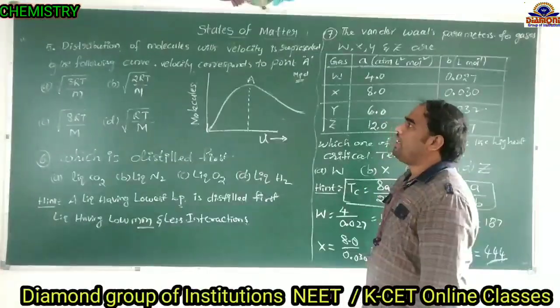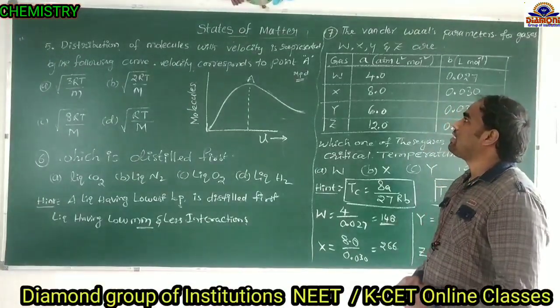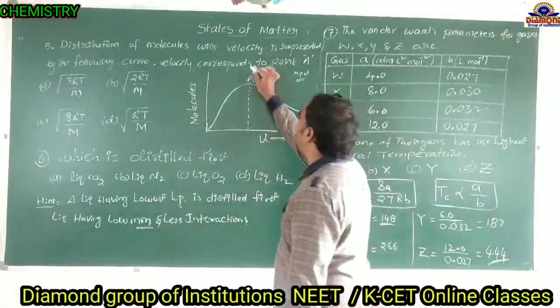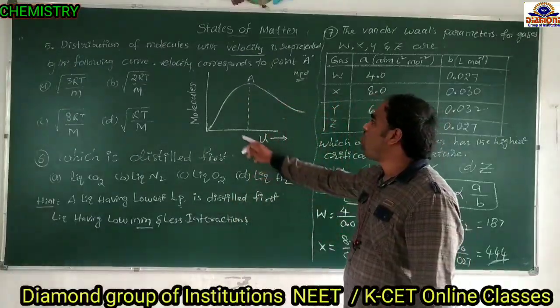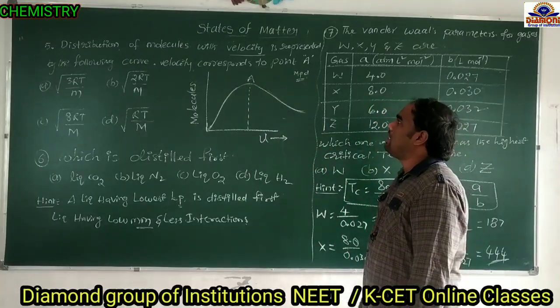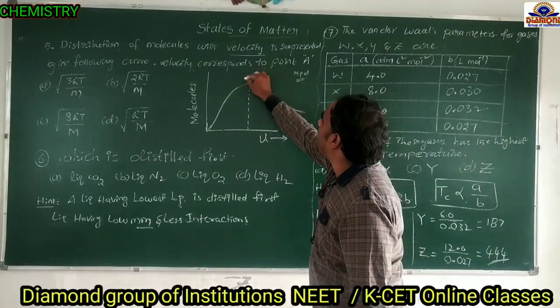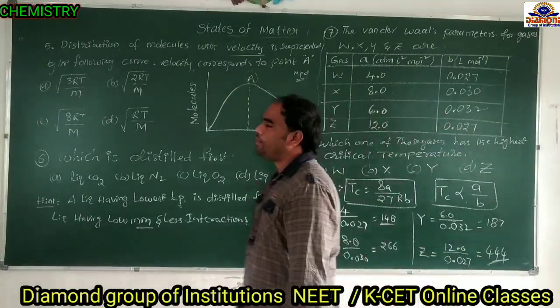So next, question number 5. Distribution of molecules with velocity is represented by the following curve. The velocity corresponding to point A is what?